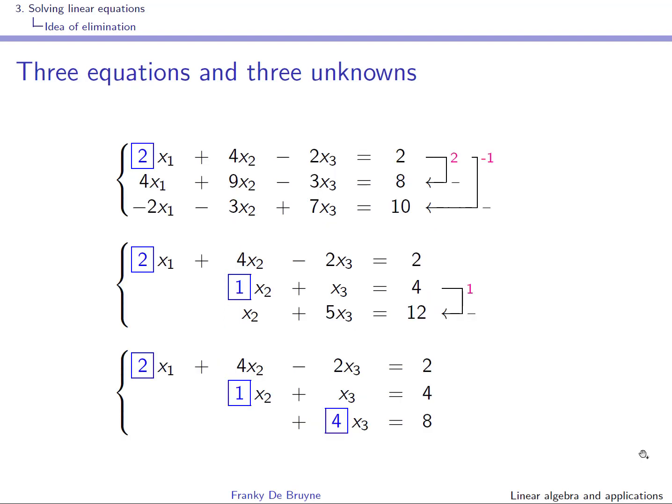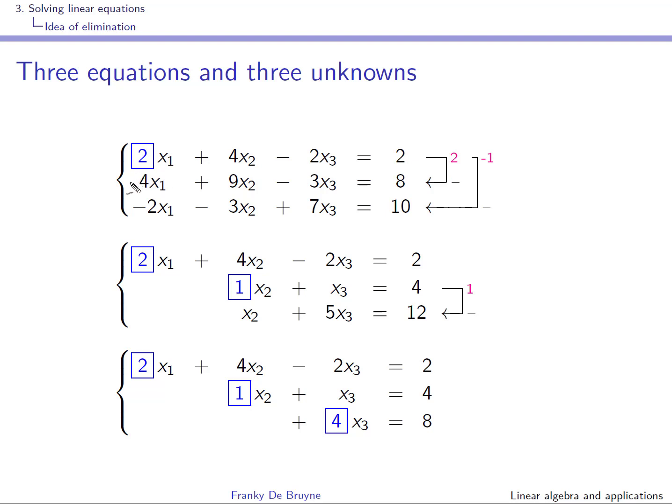Well, let's take an example that is a little bit more complicated with 3 equations and 3 unknowns, and apply our idea of Gaussian elimination. So we start at the top left and we have found our pivot, which is 2 over here. Now we are going to construct the multipliers.